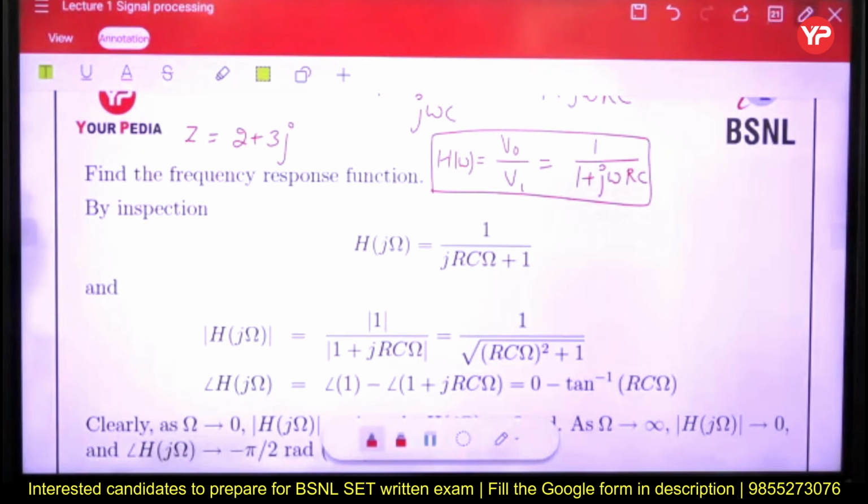The complex number z is equal to 2 plus 3j. We want to calculate its phase and its magnitude. How can we calculate that?